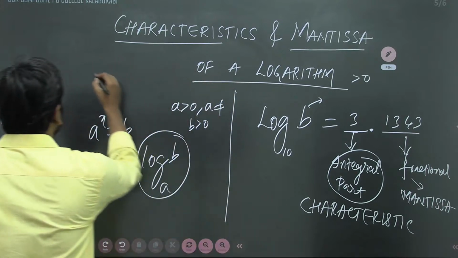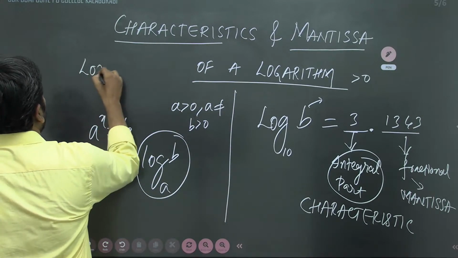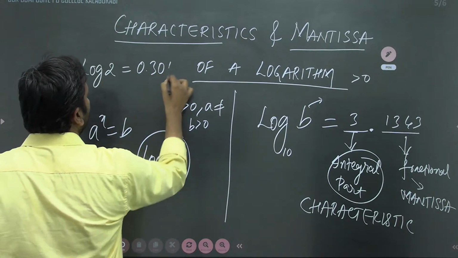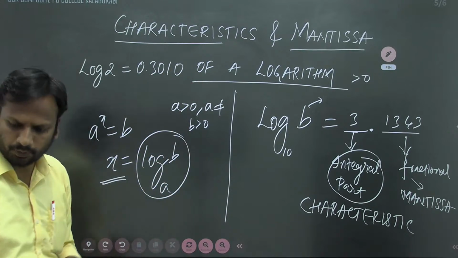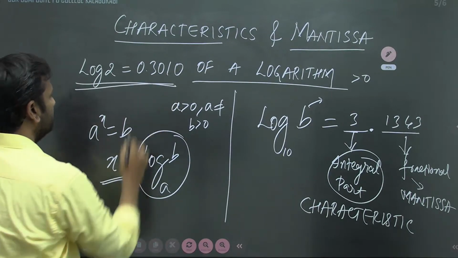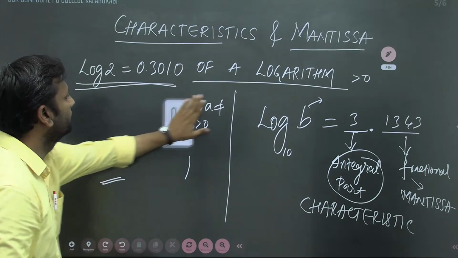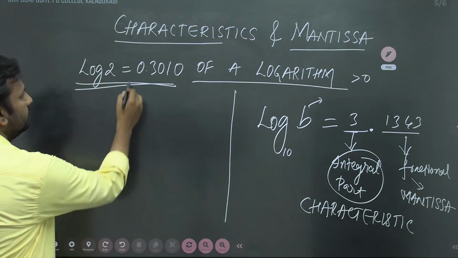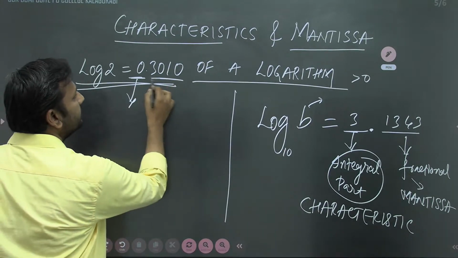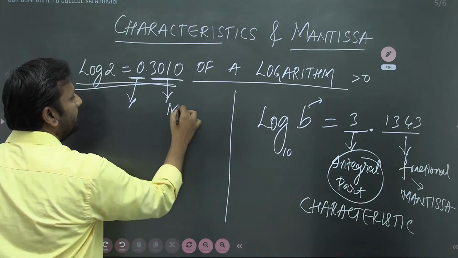Suppose you got log 2, and you are getting it in this form, 0.3010. So here 0 is the characteristic part, and this is the Mantissa part.